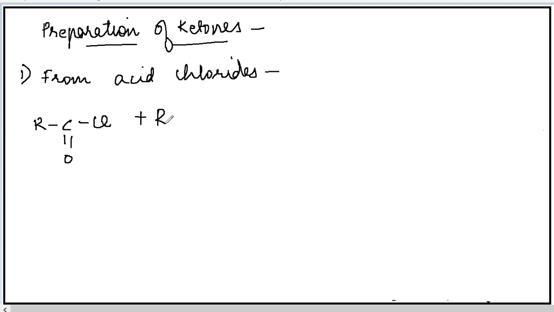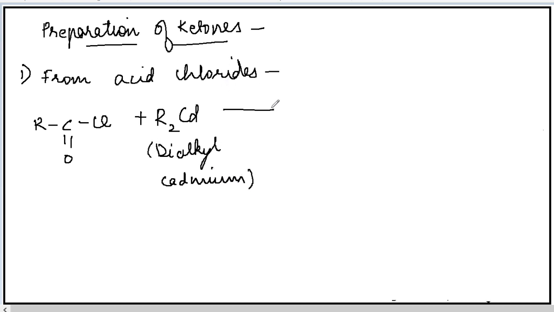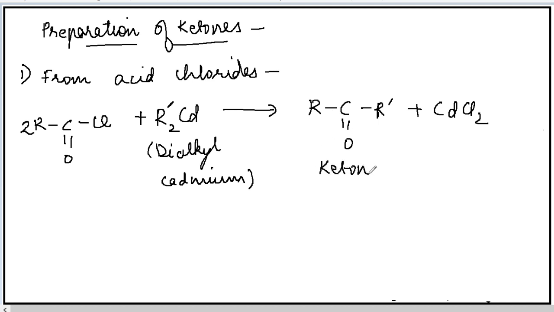When this acid chloride reacts with dialkyl cadmium, this is the product that is formed. So this acid chloride, when reacted with dialkyl cadmium, forms ketone and cadmium chloride is obtained.